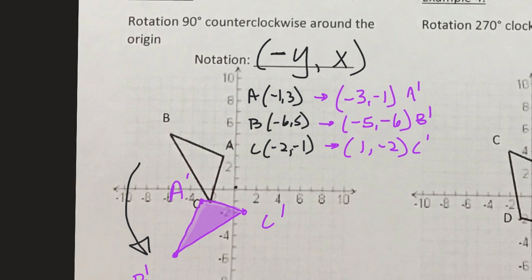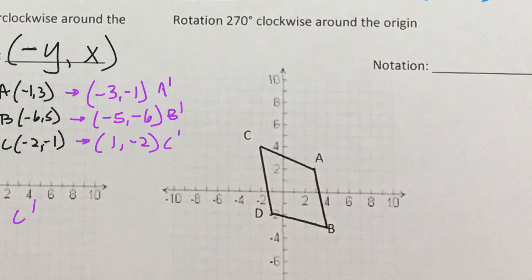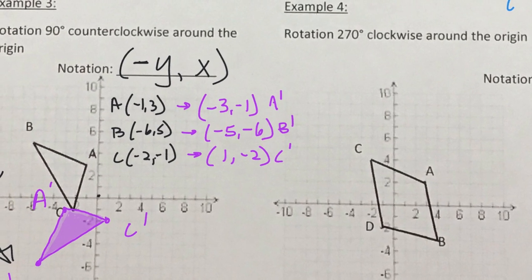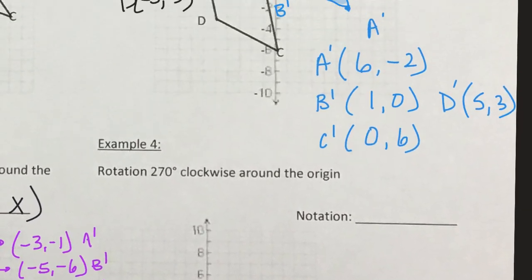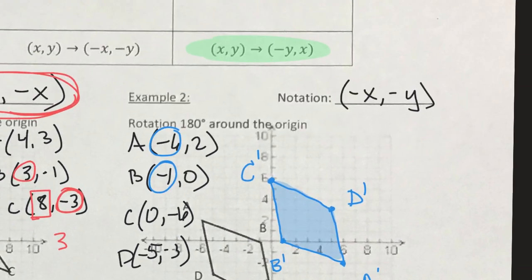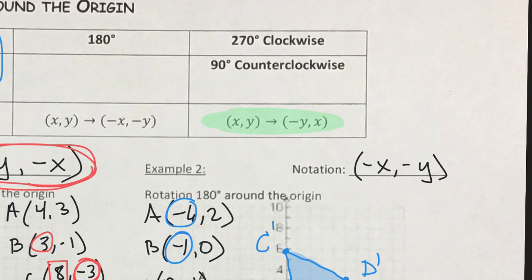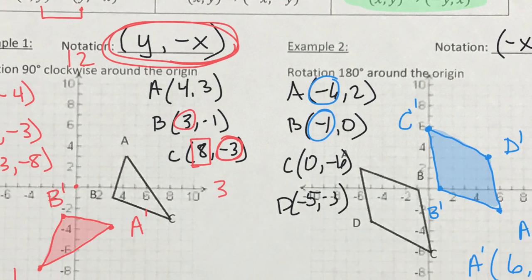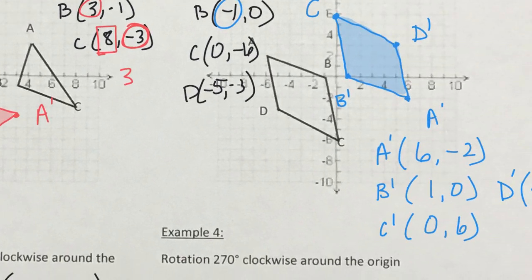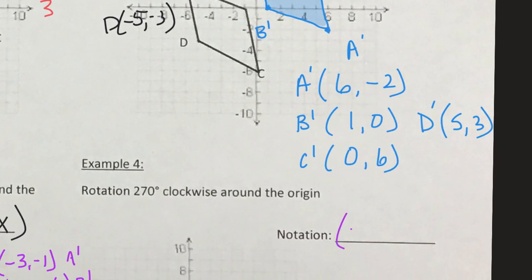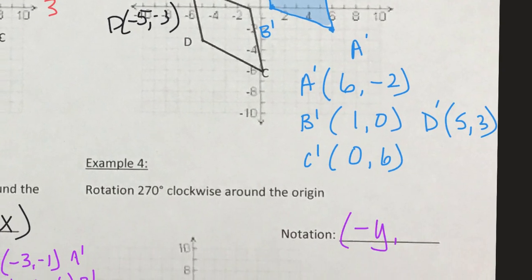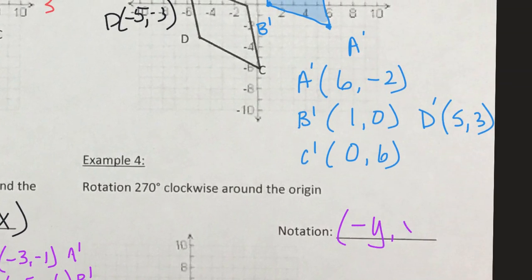And then our last one, the 270 clockwise, which is the same as your 90 counterclockwise. 90 counterclockwise and 270 clockwise are the same. So -y, comma, x.